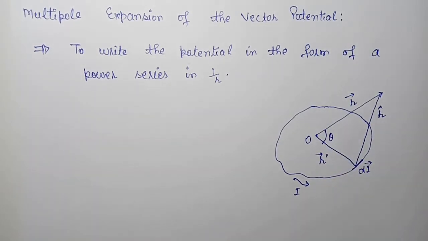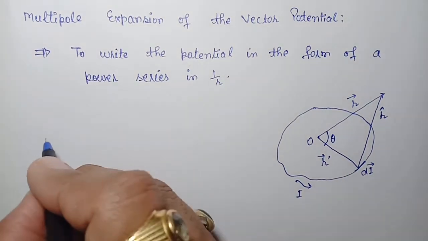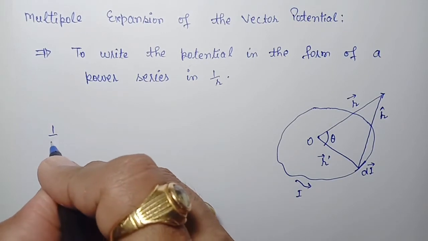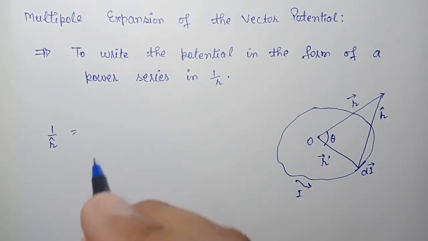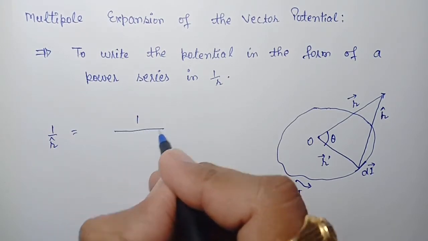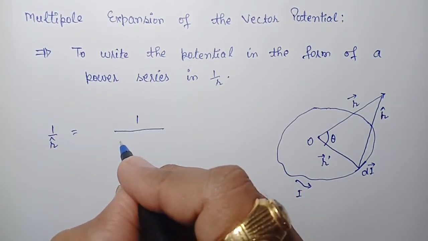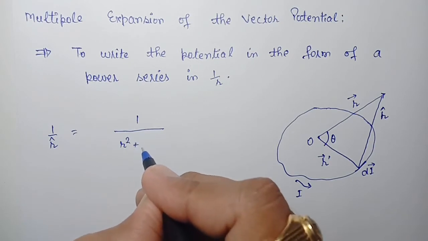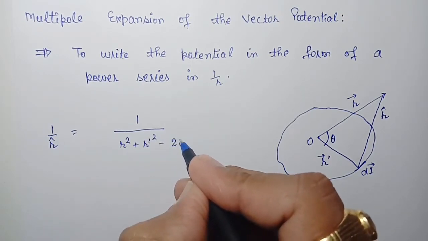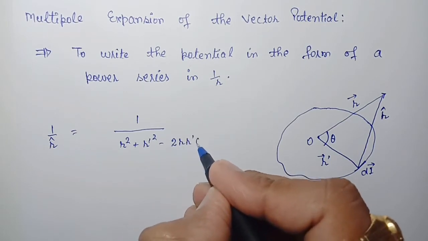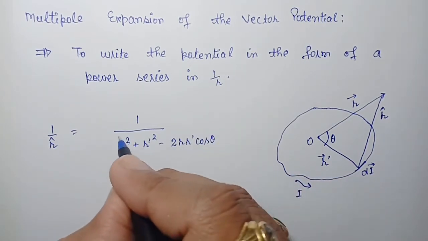Okay, so in terms of this, 1 over r cap is equal to 1 over the square root of r square plus r dash square minus 2 r dash r cos theta.